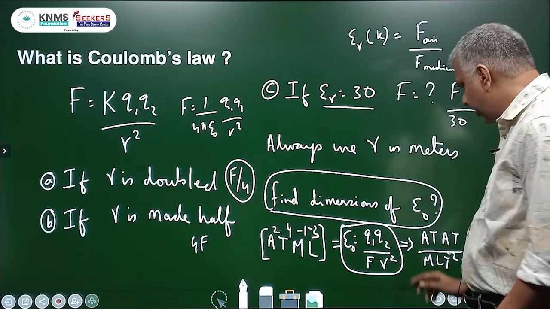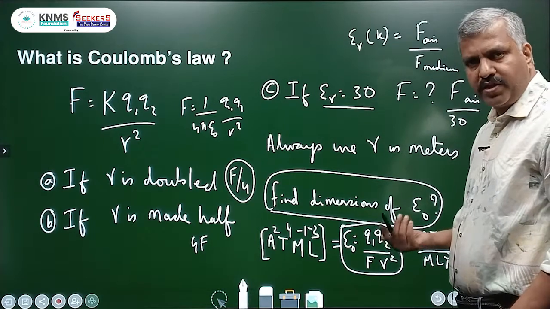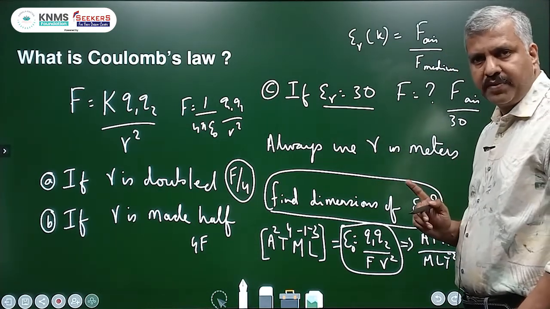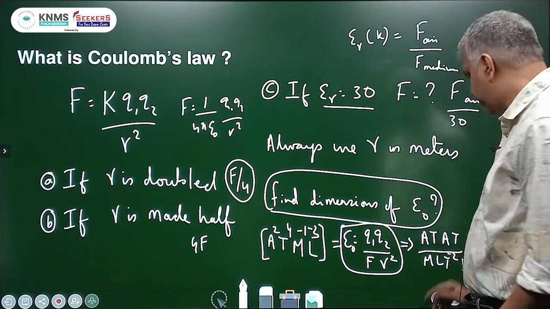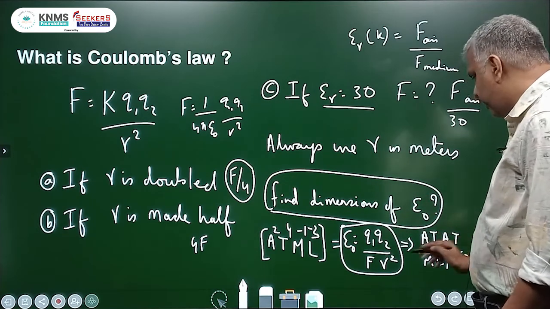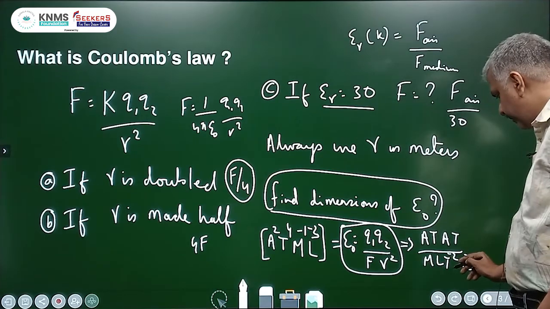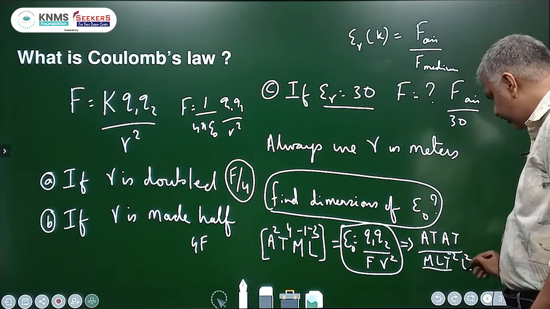Q, charge, is ampere into time. Remember, coulomb is not a fundamental dimension, ampere is a fundamental dimension. So Q1 is ampere into time, Q2 is also ampere into time, F is M L T power minus 2, and R squared is L squared.